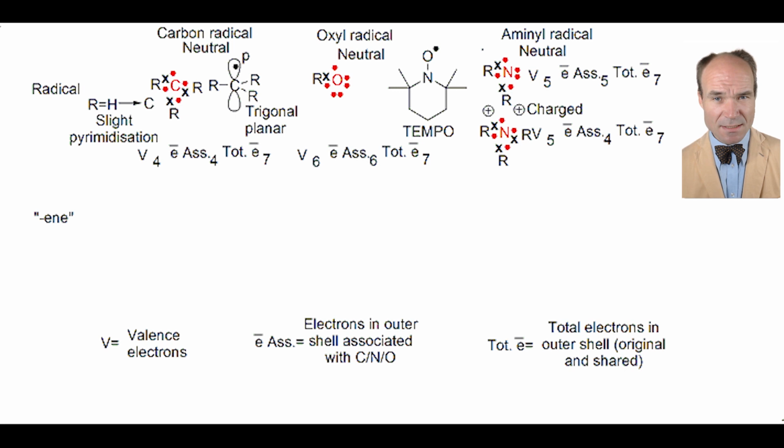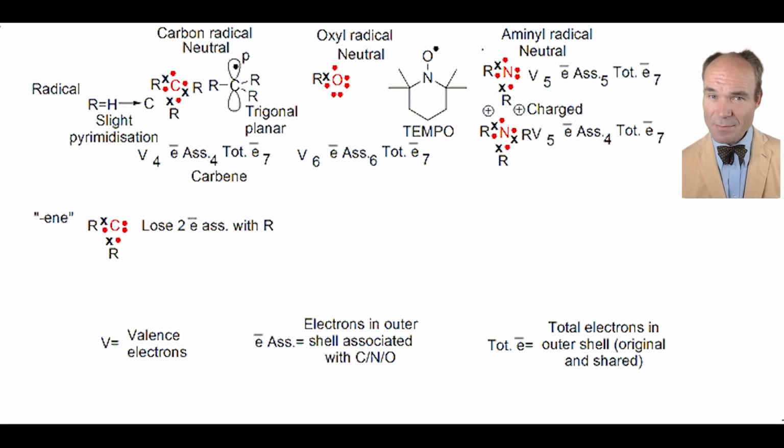With enes, we will start by looking at the carbon species called a carbene. If we take our common tetrahedral neutral carbon and remove 2 electrons associated with R groups, we will arrive at the carbene species.